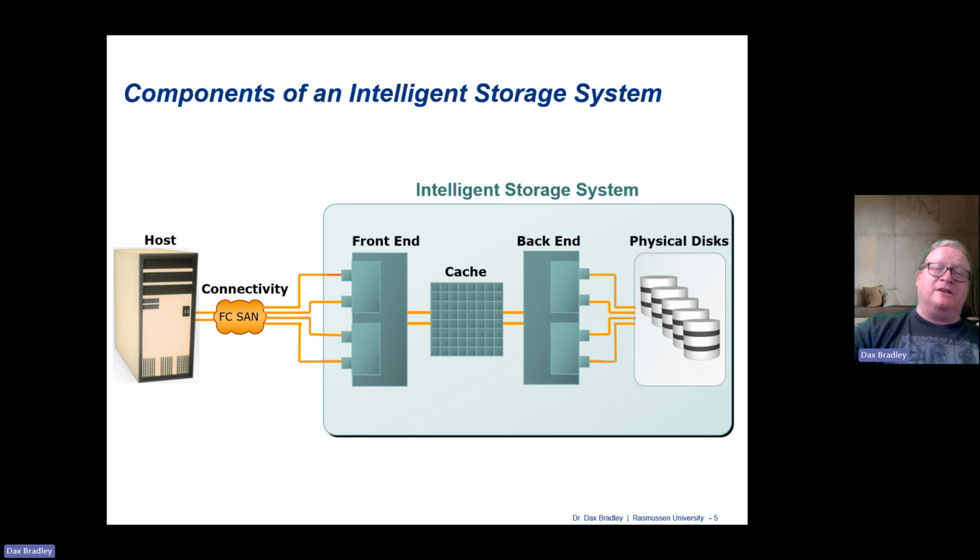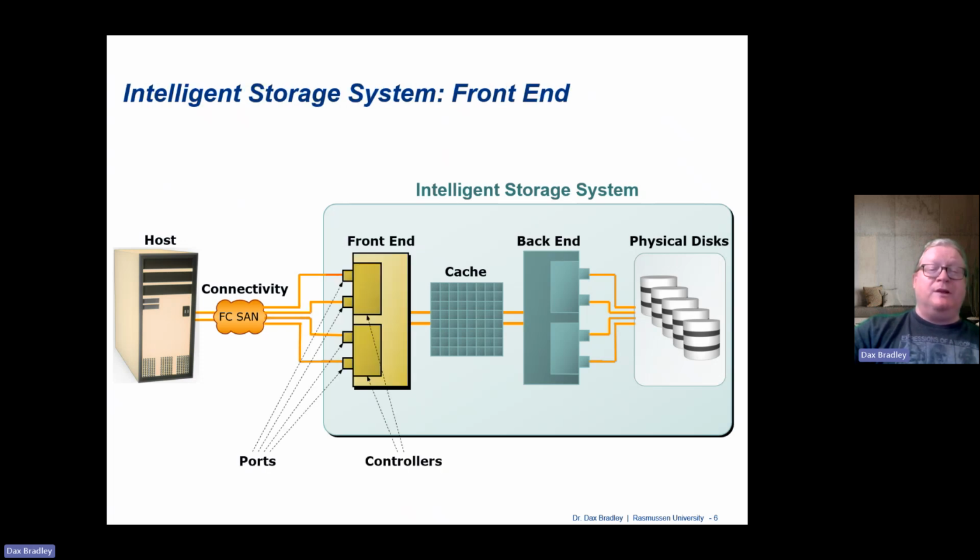Recall that the components of an intelligent storage system include the host and the front end, which is comprised of the controllers and individual ports within those controllers, which attach through the FC SAN, the storage area network, to the host.